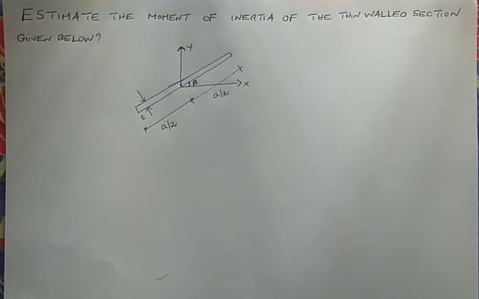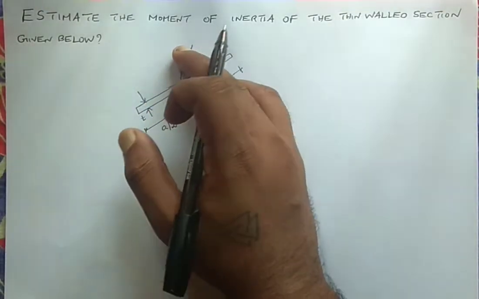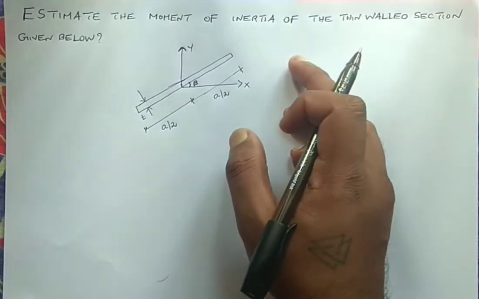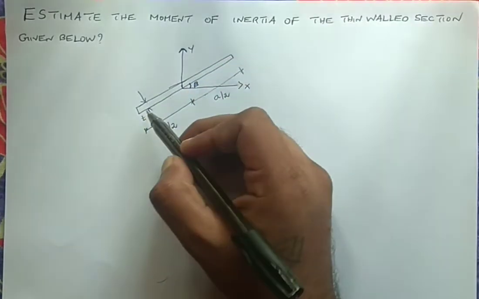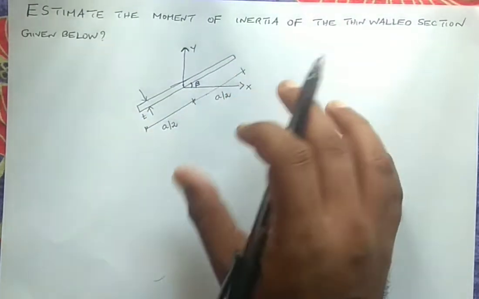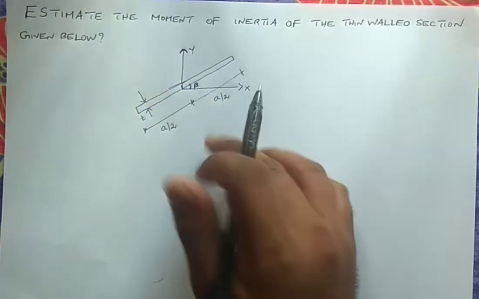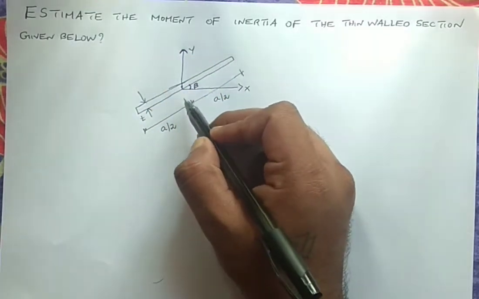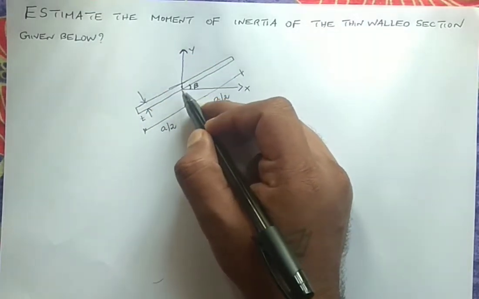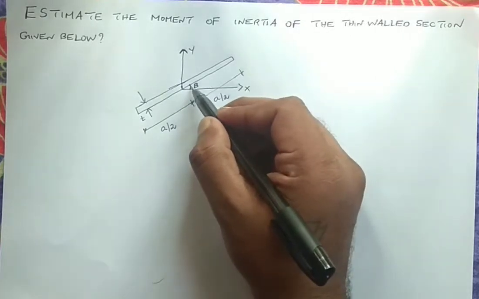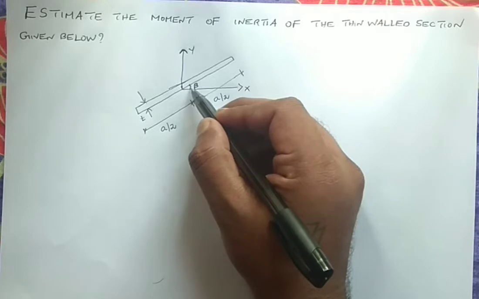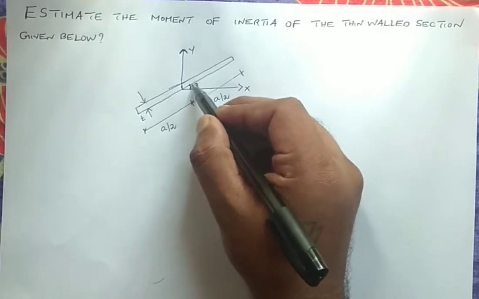As you can see, the question is to estimate the moment of inertia of the thin walled section given below. We have an inclined section here. The thickness is T, and we have an axis system placed at the center of the inclined thin walled section. The angle of the inclined section with respect to the x-axis is beta.